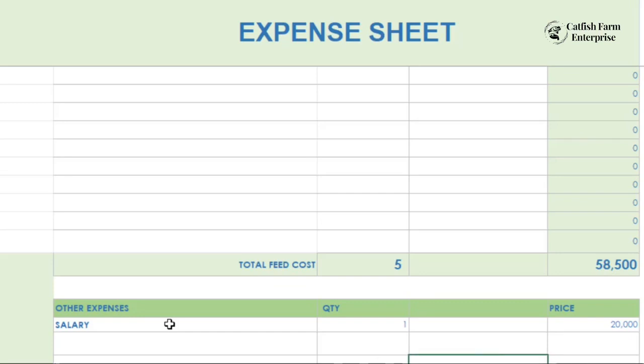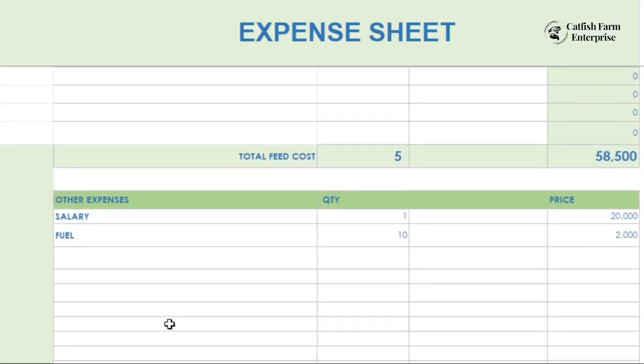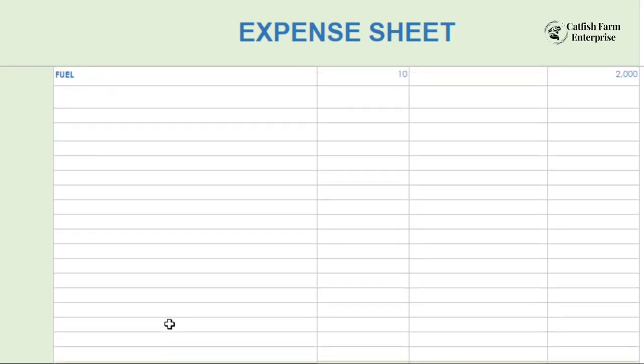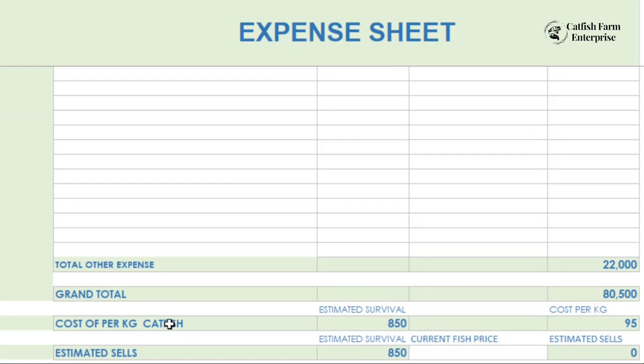Okay. And we have, let's say, fueling. We bought 10 liters of fuel for 2,000. So if you go all the way down, you see your total expenses.